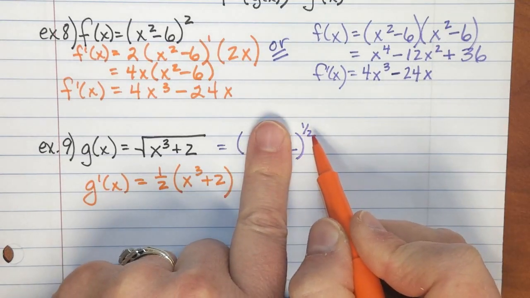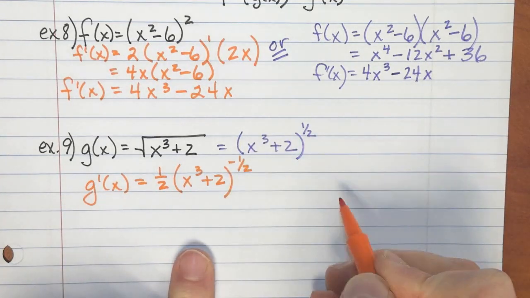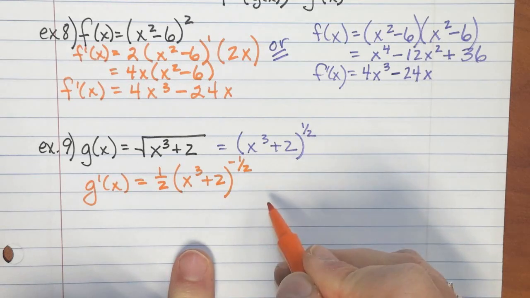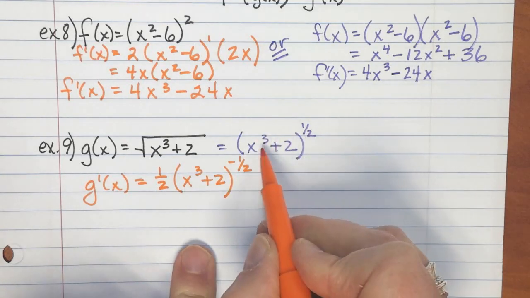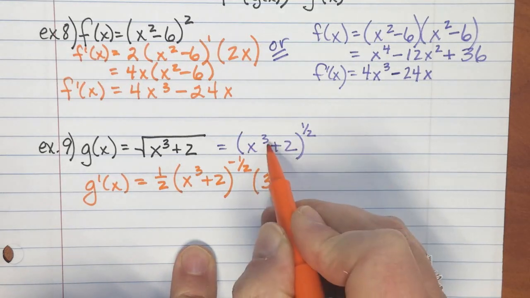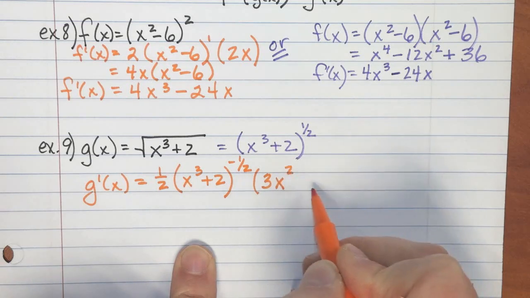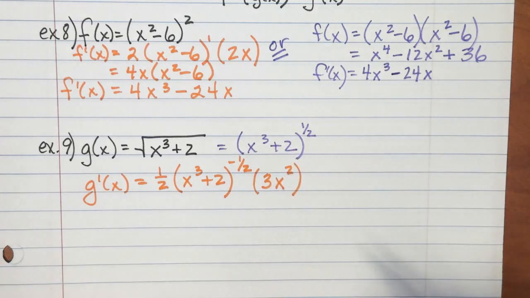So 1/2 minus 1 is negative 1/2. And then we link on the derivative of the inner function. The derivative of x cubed is 3x, reduce that by 1, squared. And the derivative of the 2 is 0. So I am done there.